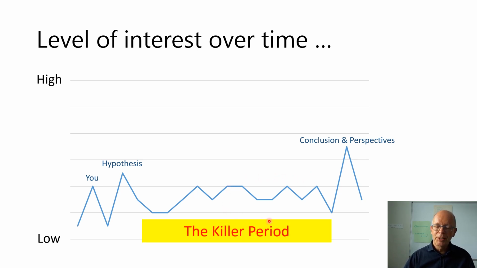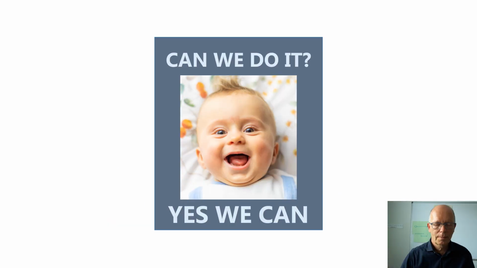And this killer period, that's where people leave, maybe because they want to go to another parallel session afterwards, or maybe they need coffee. Can we do something to increase this level of interest? Yes, we can. We can definitely increase the level of interest.